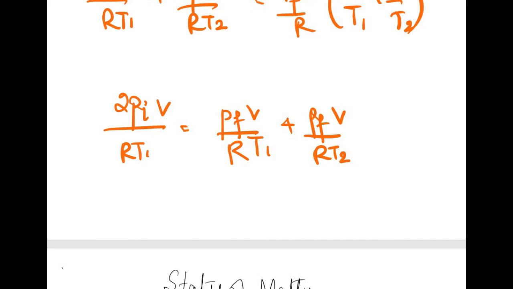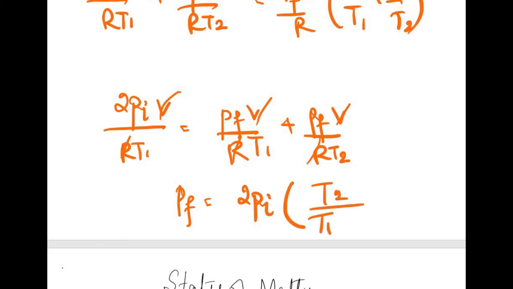So what can we write from here? V is common from both sides, so just cancel it out, and R is also common. So we can say PF is equal to 2 Pi into T2 by T1 plus T2. This should be our answer. Right? This matches option number B.